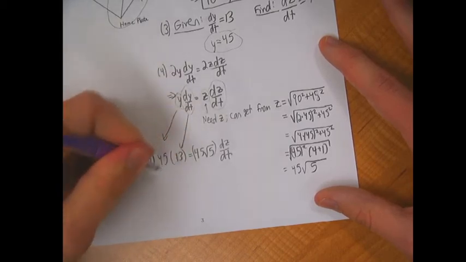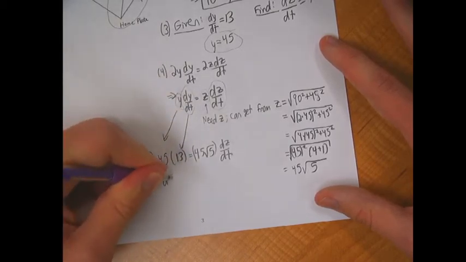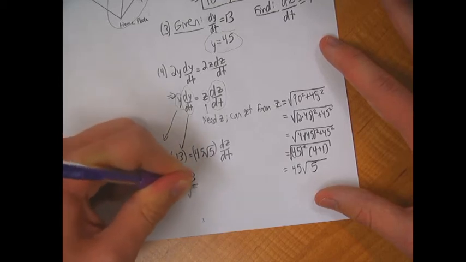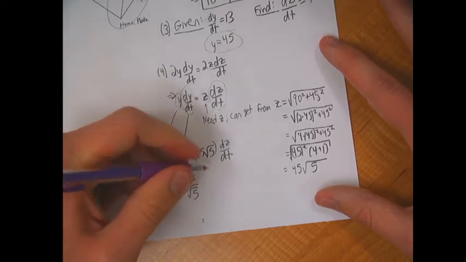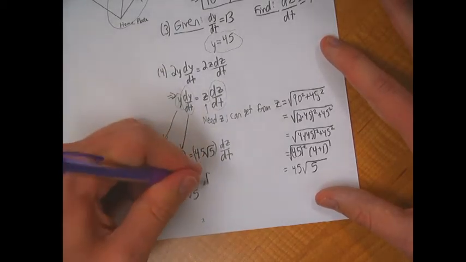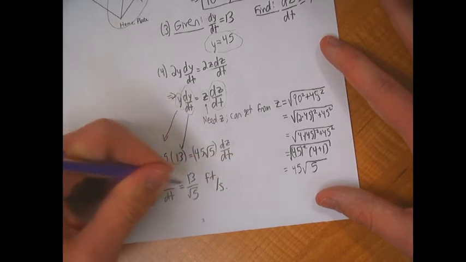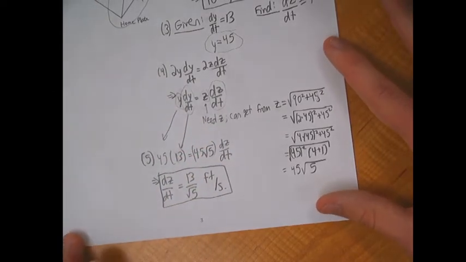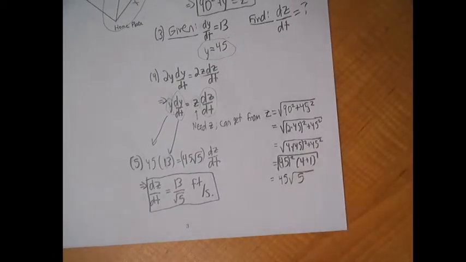So a quick bit of division later should tell you that dz dt is just 13 over the square root of 5, and the units would be feet per second. Okay. So, any questions on example 2? Okay.